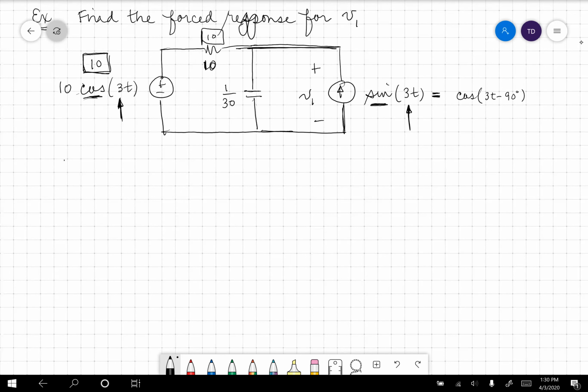So just a reminder, j omega L is for inductors and minus j over omega C is for capacitors. So that's what we have here. We have a capacitor. This is minus j over omega. Omega is 3 times C, 1/30th. We don't have an inductor here. We have a capacitor. So this is going to be equal to, oh, beautiful, minus j10.